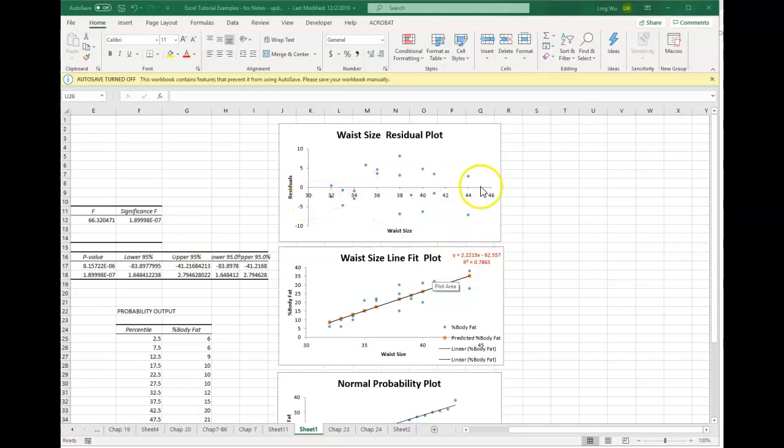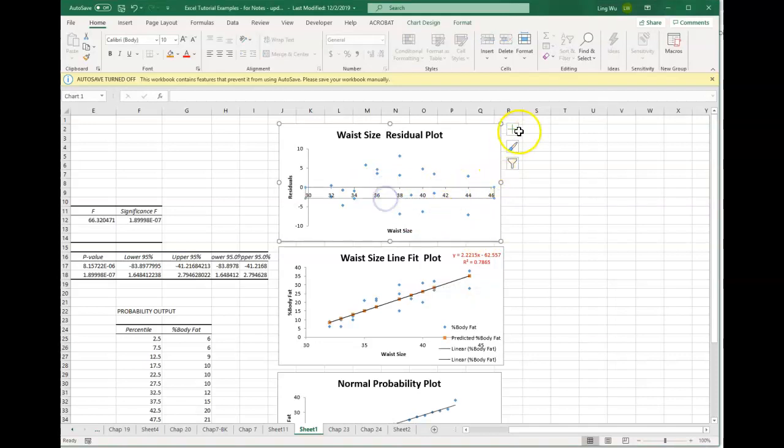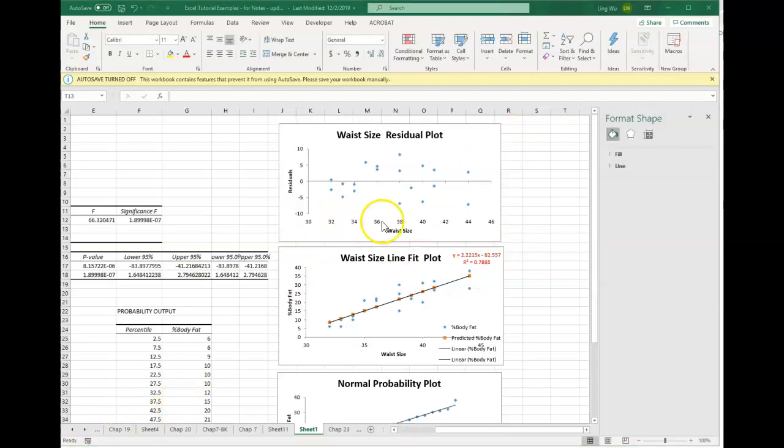So the x-axis values, we set the minimum 30. So it will give us this display. And also I have moved the labels to the bottom so we can see the dots more clearly. And this is called the waist size residual plot.